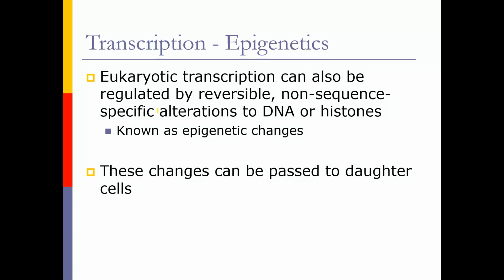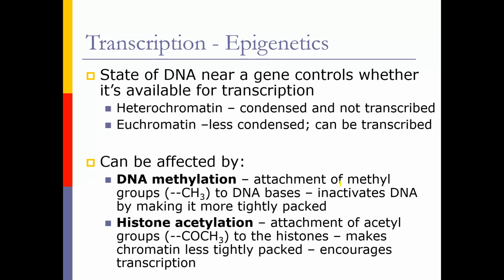And so a lot of times what they can do is they can alter the DNA in some way, not in the code, not in the sequence of the nitrogen bases, but in some other way. Or sometimes they actually alter the proteins that the DNA wraps around. And so depending on what kind of cell these changes are in, sometimes they could be passed on to daughter cells. And if they're in gametes, they could be passed on to offspring.